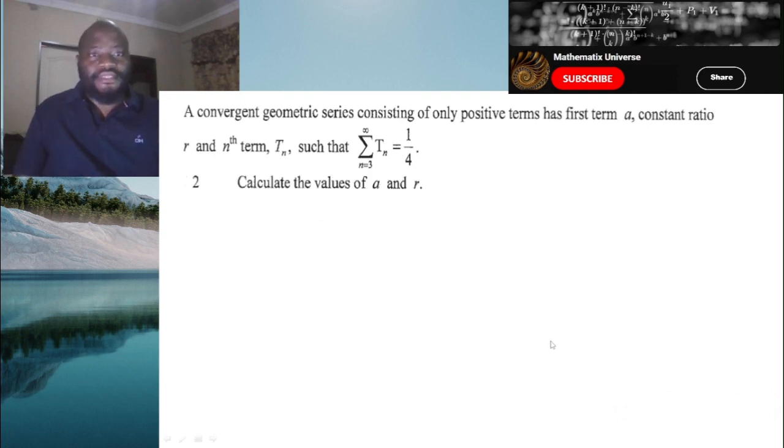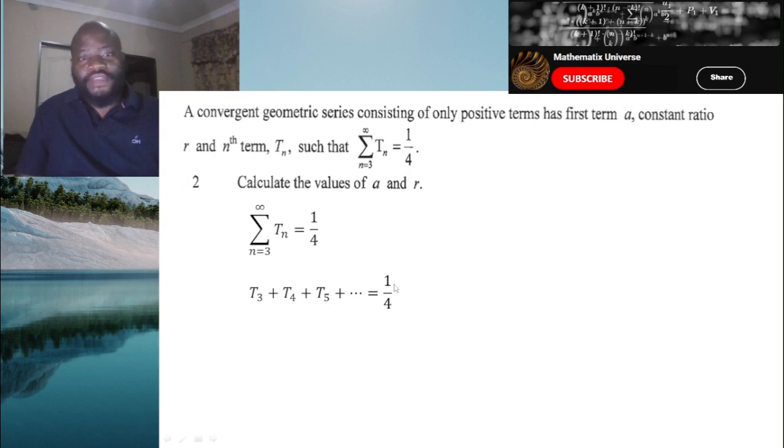Okay, second question. Calculate the values of a and r. So let's bring down this and expand it. To expand it, it means we're starting with t3, we're substituting with 3, then with 4, then with 5, and then it goes on forever and ever. And then the sum equals 1 over 4.